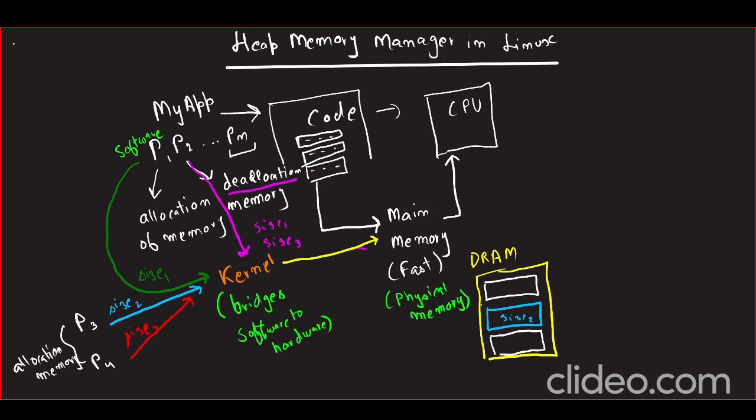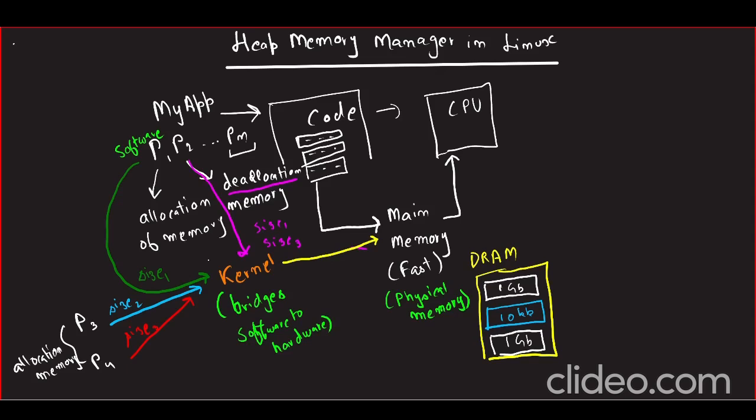Let's say that this was 10 KB of space, and this was about 1 GB of space, 1 GB, right?